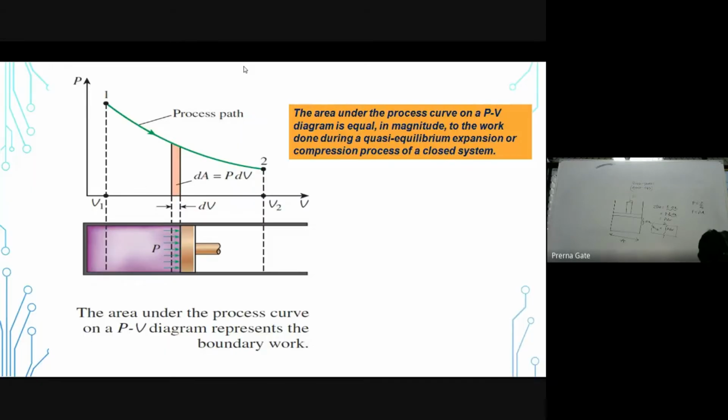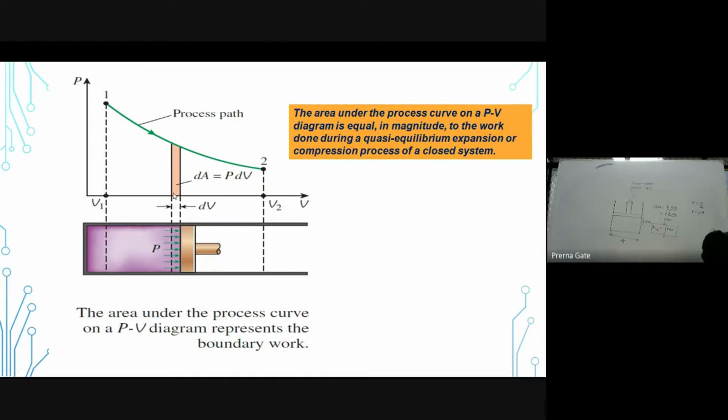Okay, now you can see that for the differential amount of work dw, okay, if we mark it on PV diagram, so this small rectangle and its height can be almost considered as p.